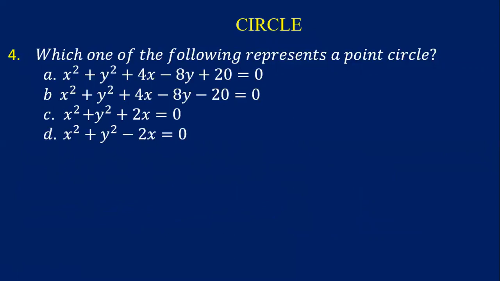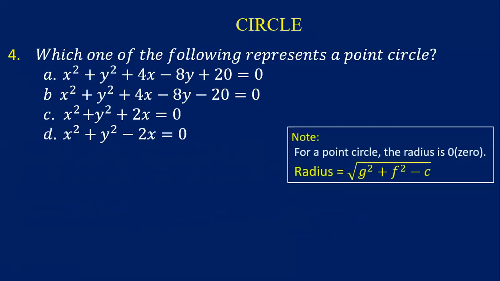Which one of the following represents a point circle? We know for a point circle, the radius is 0. And how to measure radius? Root over g square plus f square minus c. So we have to go for test for A, B, C and D, where we get the radius 0.